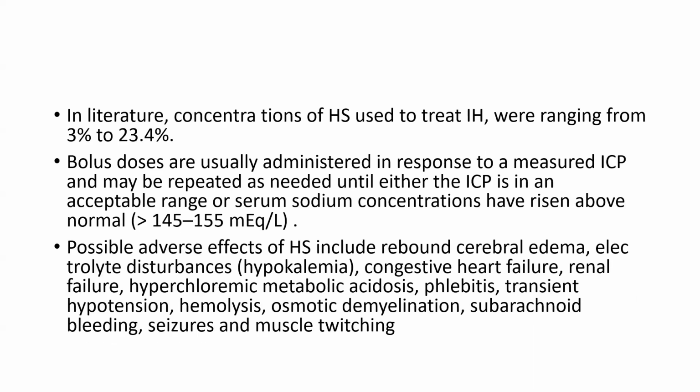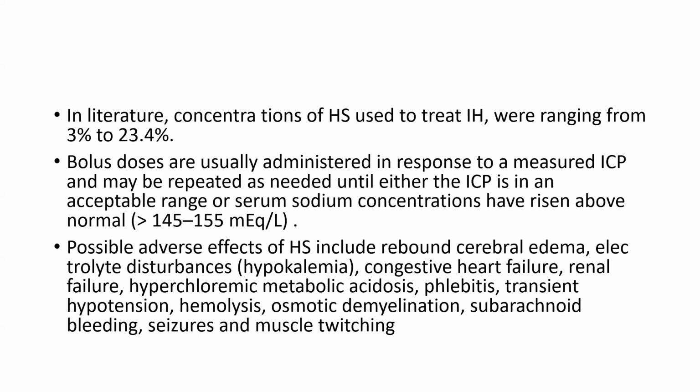In literature, concentrations of hypertonic saline used to treat intracranial hypertension range from 3% to 23.4%. A bolus dose is administered in response to measured ICP and may be repeated as needed until either ICP is in an acceptable range or serum sodium concentration has risen above normal, that is 145 to 155.